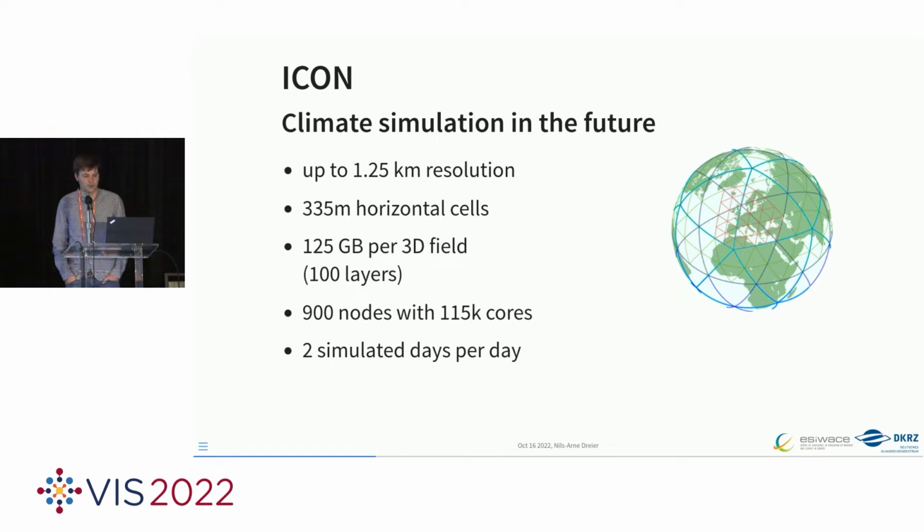So if you want to store or handle multiple fields over a long time period, that would be a huge amount of data. And this setup currently runs on 900 nodes on our supercomputer, so that 900 nodes have 115,000 cores. And currently we have a throughput of 2 simulated days per day.